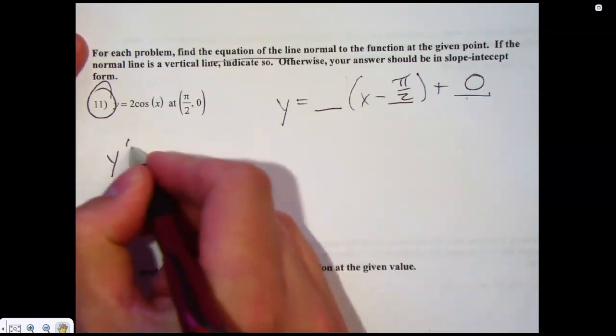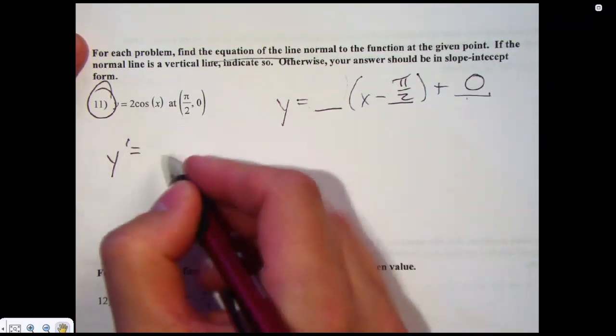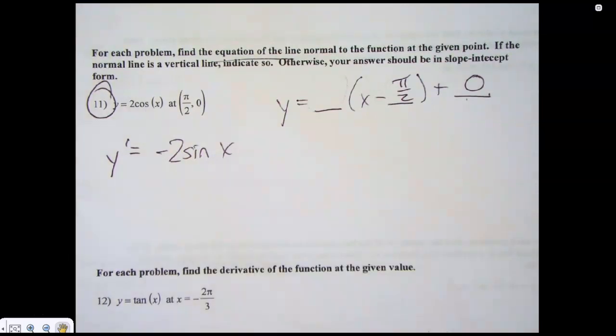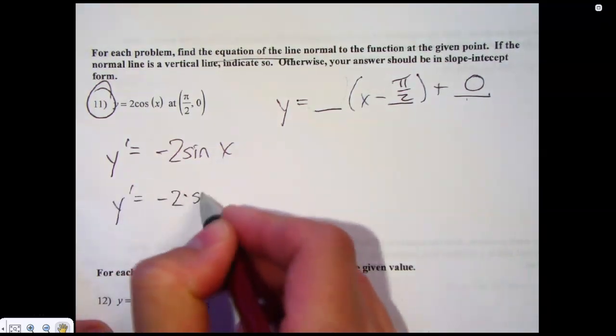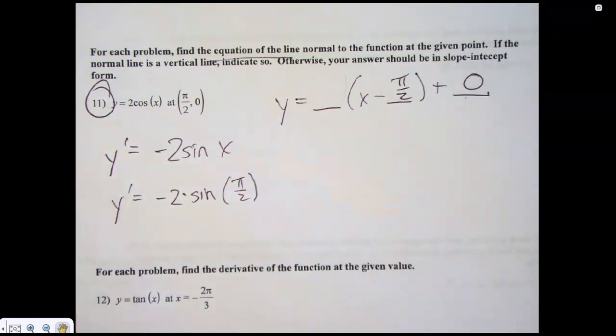So your derivative is the derivative of cosine is negative sine, so I'm going to throw the negative out in front and make it negative 2 sine of x. Okay? Now plug in. So negative 2 times sine of pi over 2. Well, pi over 2 is how many degrees? 90.